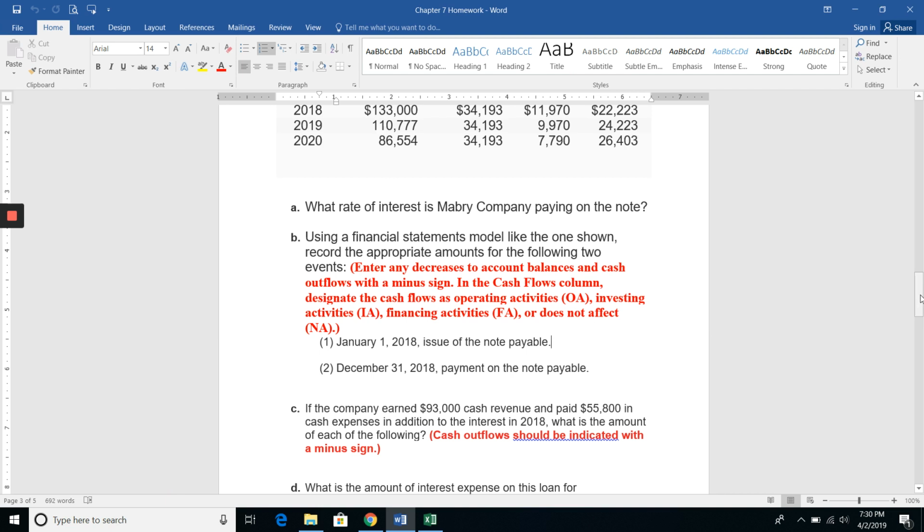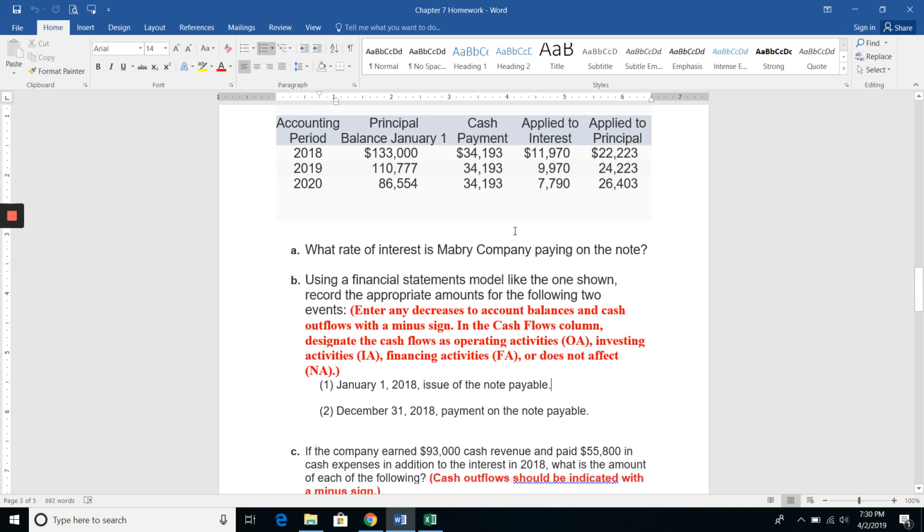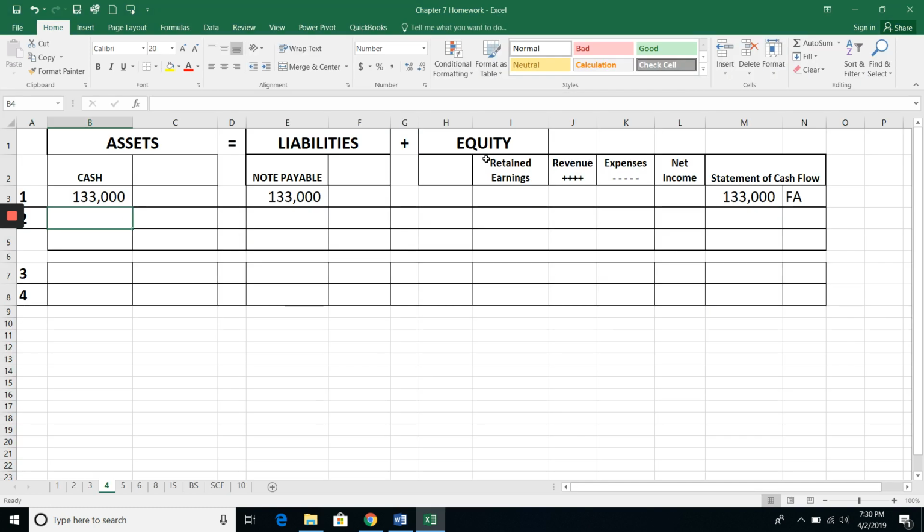So if we come back up here to our activity, our first payment was made. The amount of the cash payment was 34,193. So that's how much our cash is going down, 34,193 for the grand total of the payment.